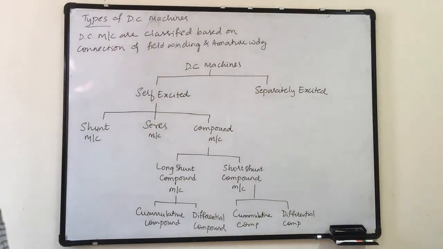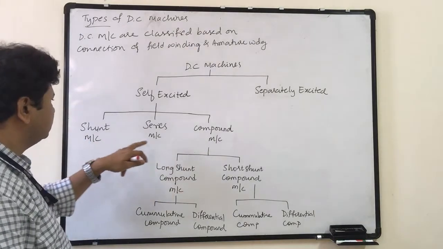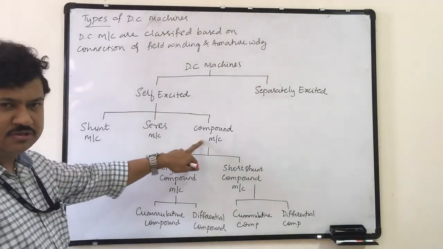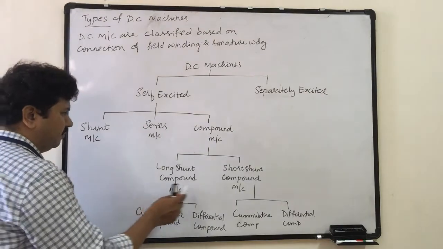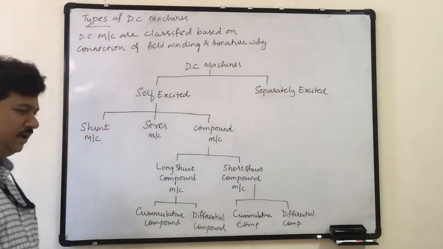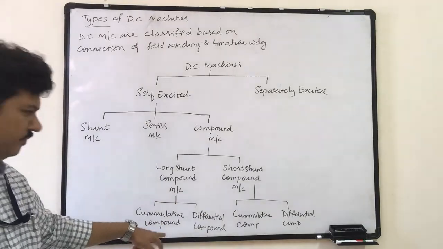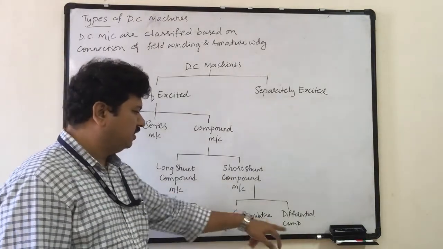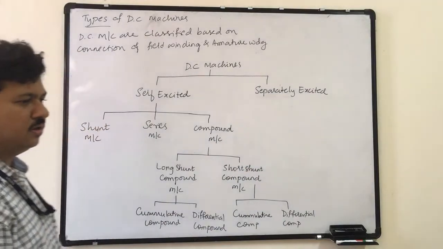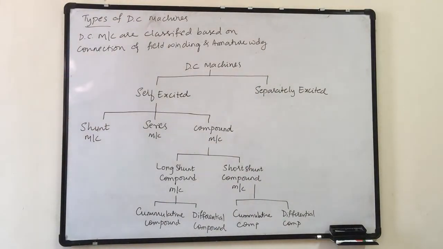In self-excited there is shunt connection, series connected machine, compound connected machine. In that, long shunt compound, short shunt compound, and it can be cumulatively long shunt, differentially long shunt, cumulatively short shunt, differentially short shunt. What these all mean we will look into one by one.